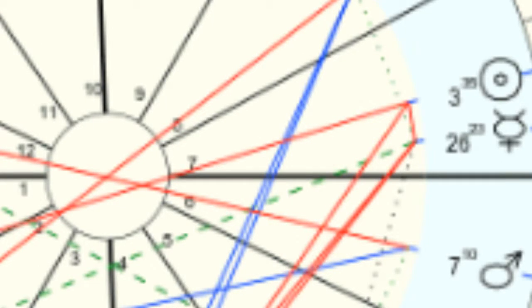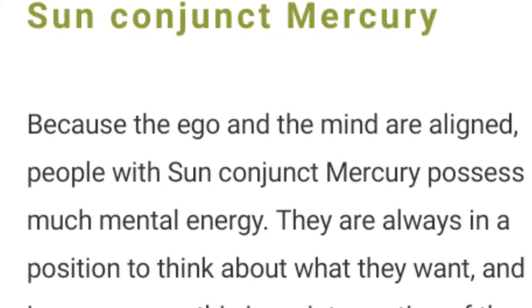So when you look at it on the natal chart, you will see that the Sun and Mercury are always right beside one another. Here's the example they have on Cafe Astrology. Because the ego and the mind are aligned, people with Sun conjunct Mercury possess much mental energy.